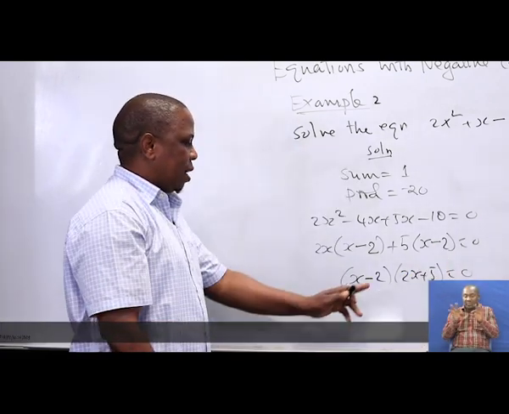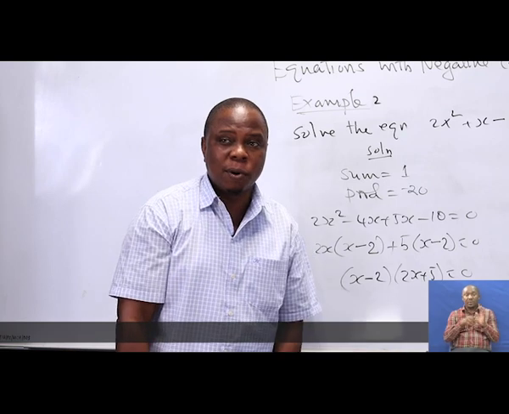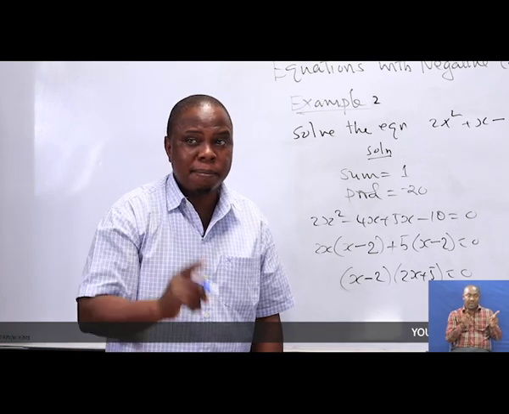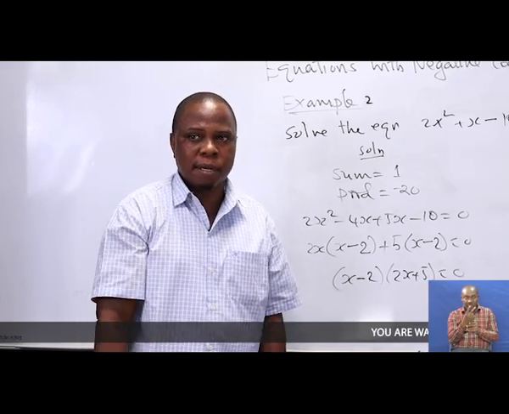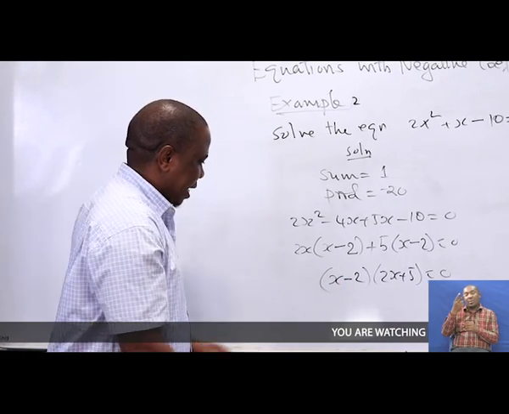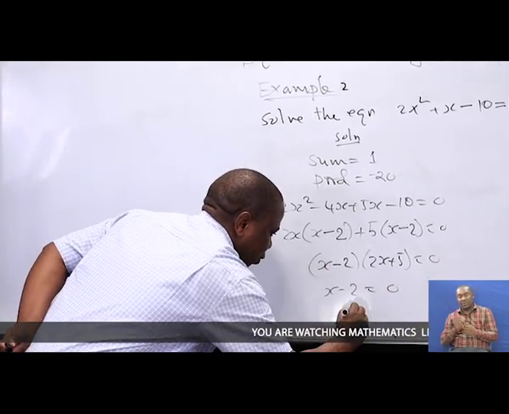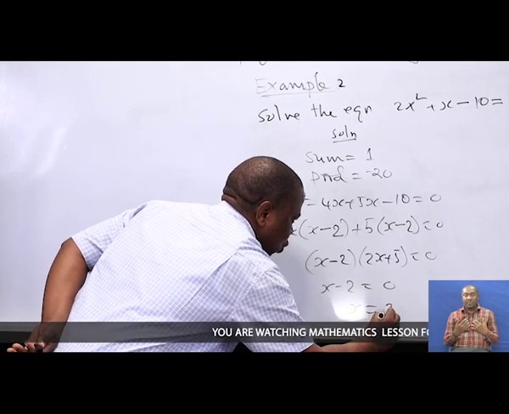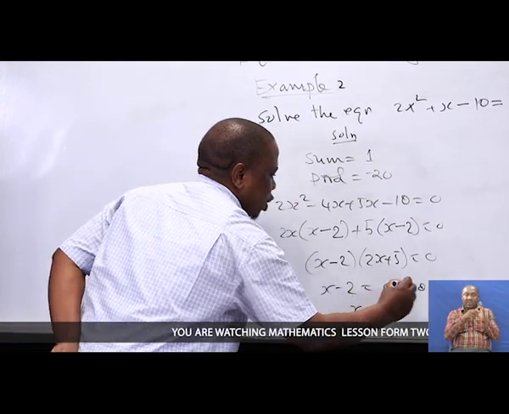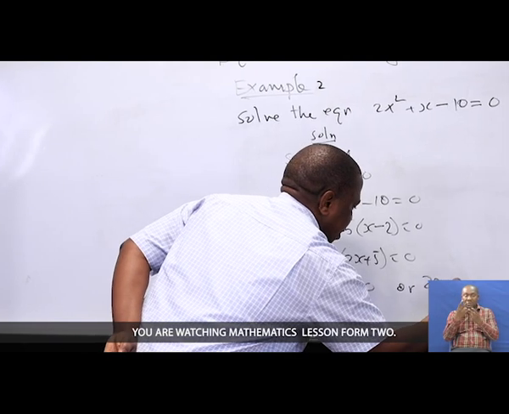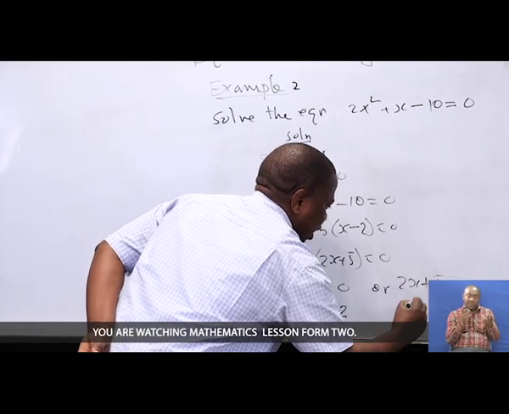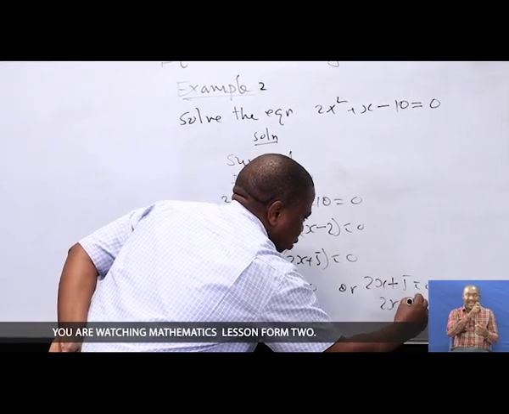As I said before, for the product of 2 numbers to be 0, either one of the numbers must be 0, or both of them should be 0. So here, x minus 2 should be equal to 0, of which this will give us x is equal to 2, or 2x plus 5 should be equal to 0. 2x should be equal to negative 5.